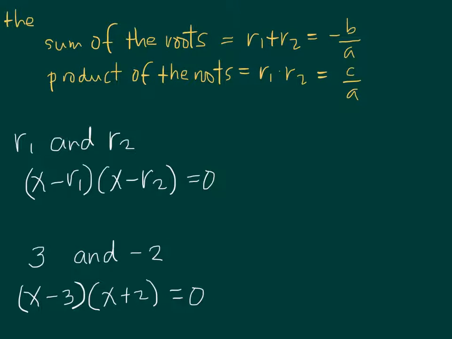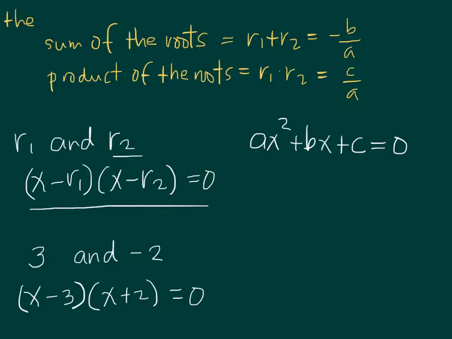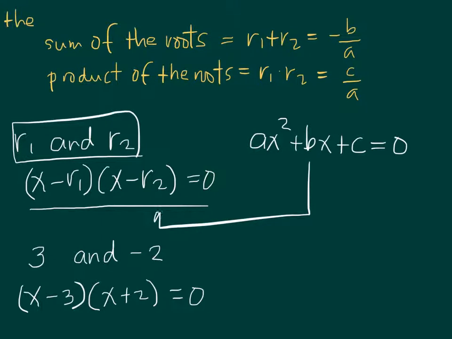Now, I also want you to keep in mind that r1 and r2 are the roots of ax squared plus bx plus c equal to 0. So, if x minus r1 times x minus r2 equal to 0 determines r1 and r2, and ax squared plus bx plus c equal to 0 has the roots r1 and r2, then these two equations must be equivalent.